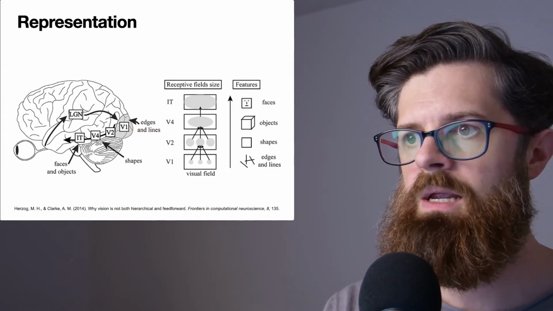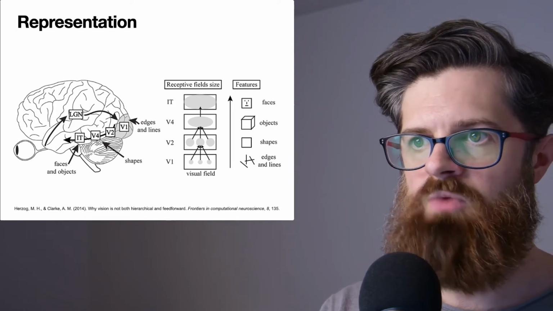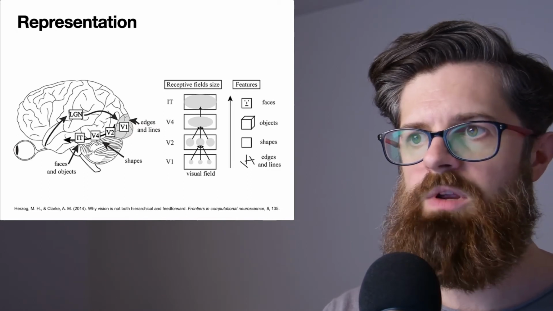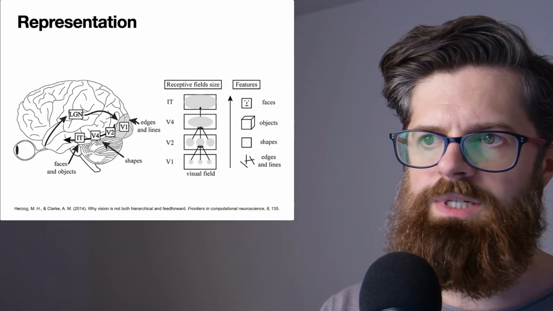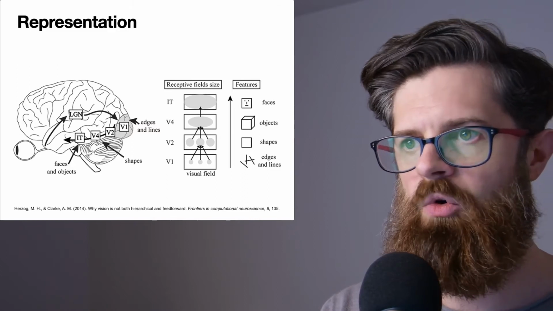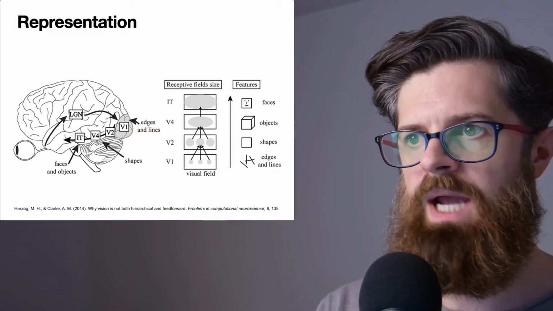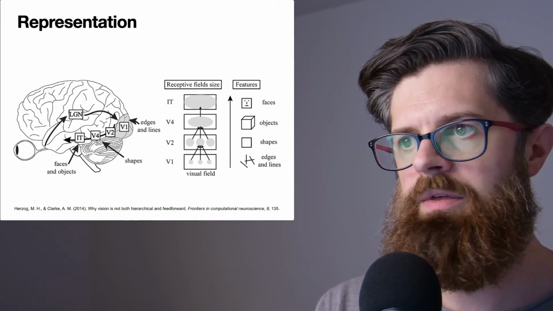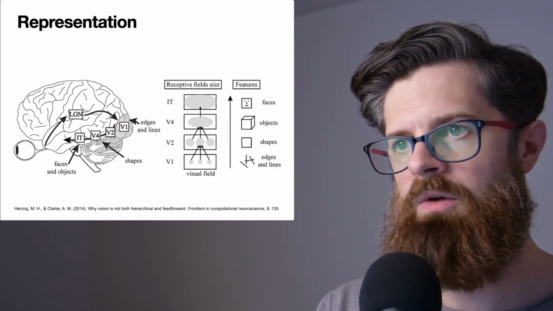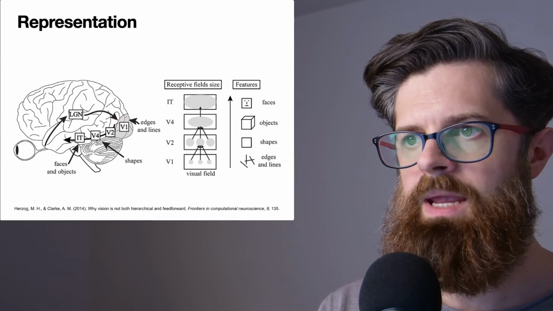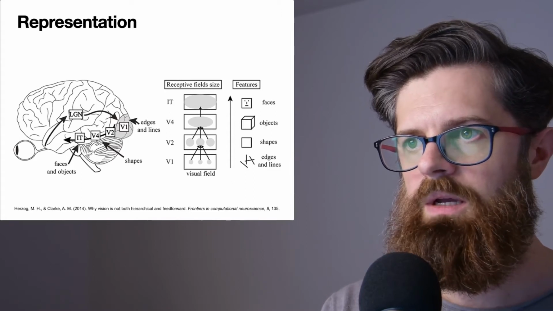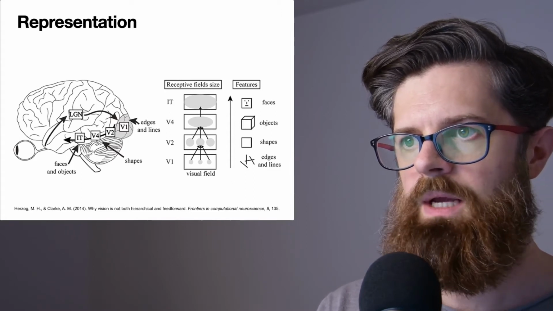So you could say the external world is represented in area V4 as a conglomeration of different types of objects. And further, the higher you go up the hierarchy, here IT represents the inferior temporal cortex.